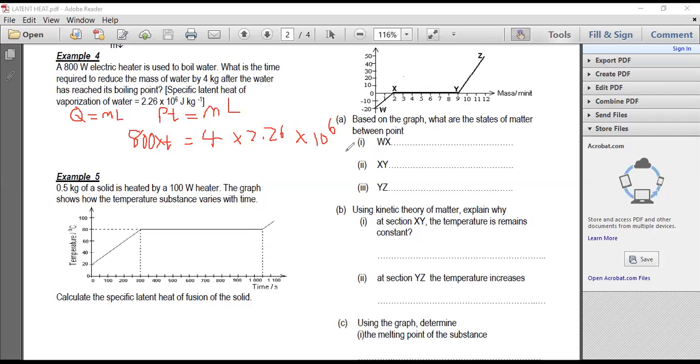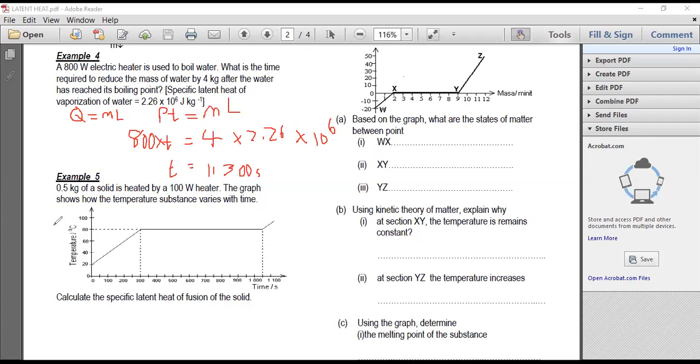Four times 6, divided by 800. So your time will be 11,300 seconds.